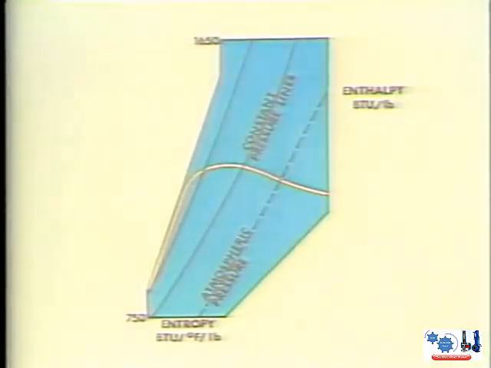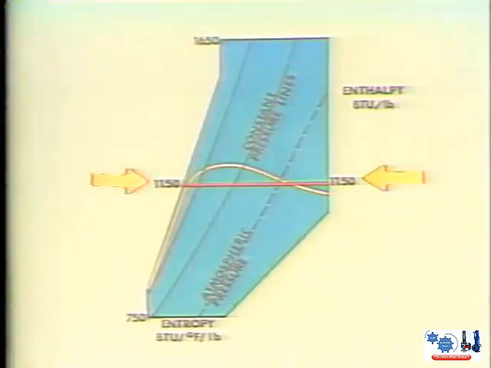For example, if you need to know the enthalpy of steam at saturation temperature and atmospheric pressure, you follow the saturation line until it intersects with the pressure line at 14.696 psia. Then you follow the enthalpy line out to the edge of the graph. Using this method, you find that the value for enthalpy is a bit more than 1,150 BTUs per pound. In actuality, the enthalpy value given in the steam tables is 1,150.5 BTUs per pound.